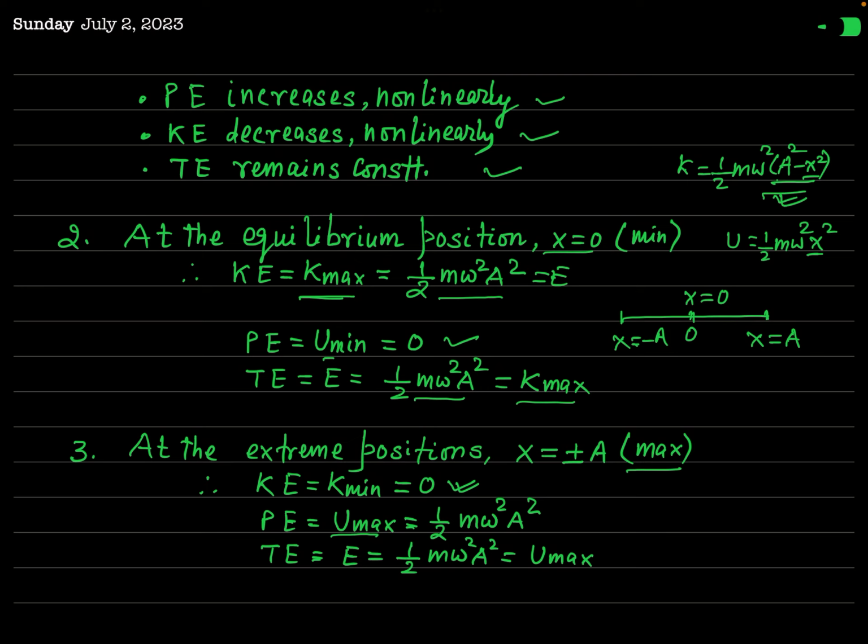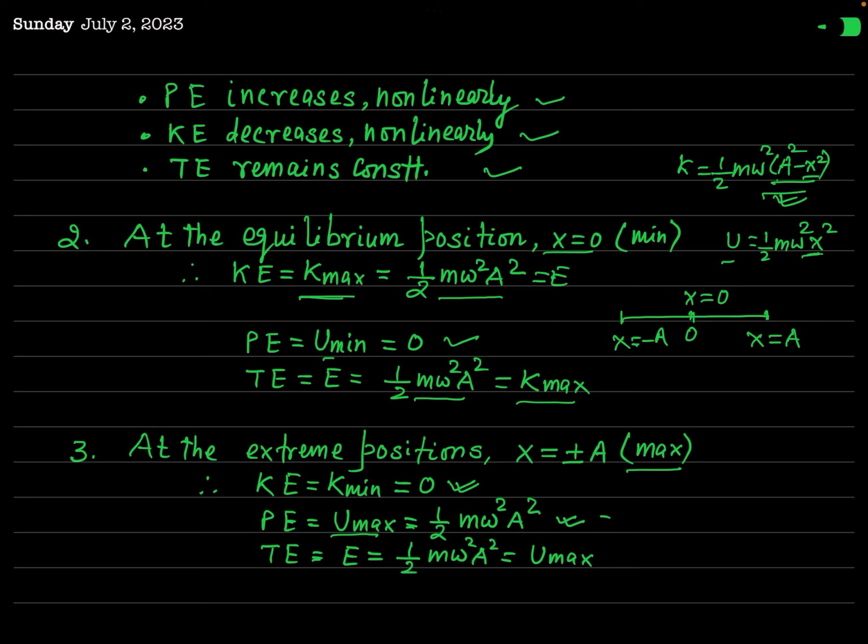But since potential energy is directly proportional to x square and x is maximum, at the extreme position potential energy will be maximum, and that is equal to half m omega square a square.